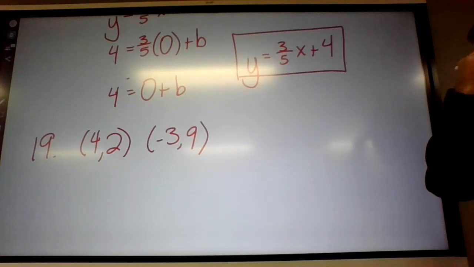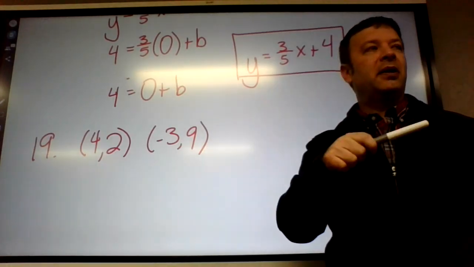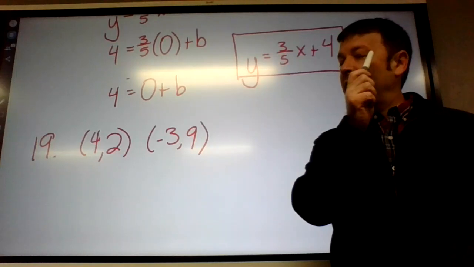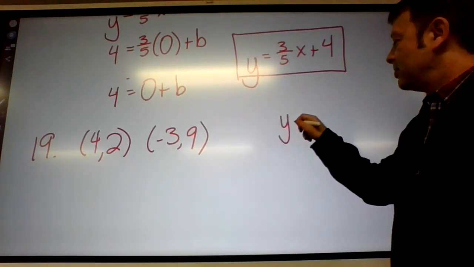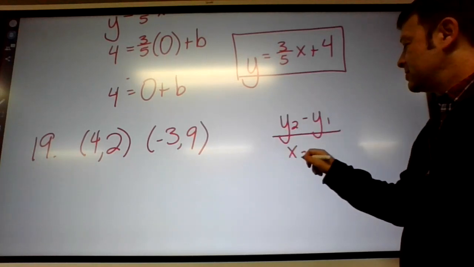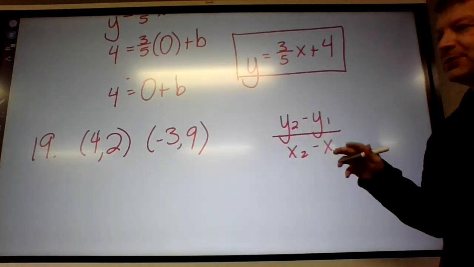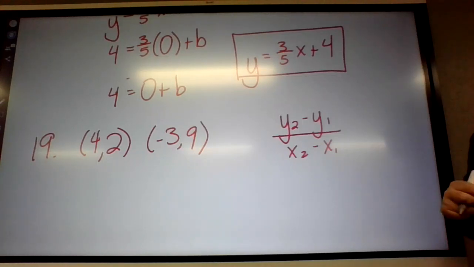I'll try and remind you a few times. Y2 minus Y1 over X2 minus X1. It's basically just y minus y over x minus x. That will give us the slope.